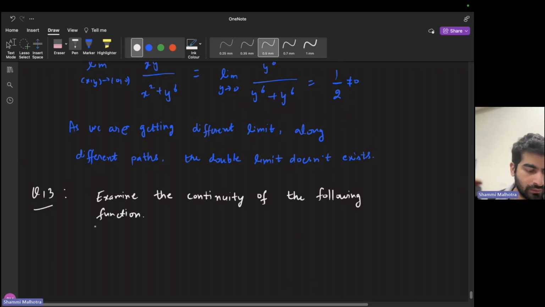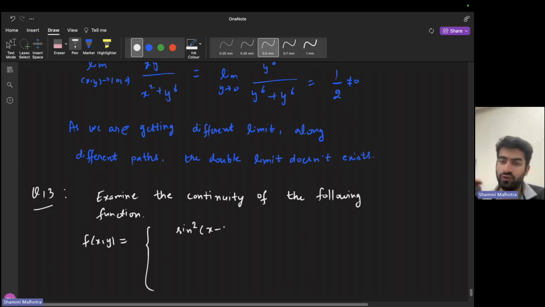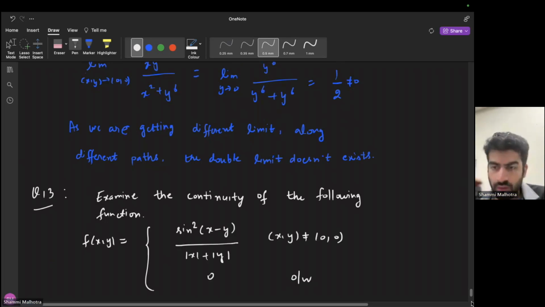The function given is f(x,y) equals sine square of (x minus y) divided by mod x plus mod y, whenever (x,y) is not equal to (0,0), and this is 0 whenever (x,y) equals (0,0).